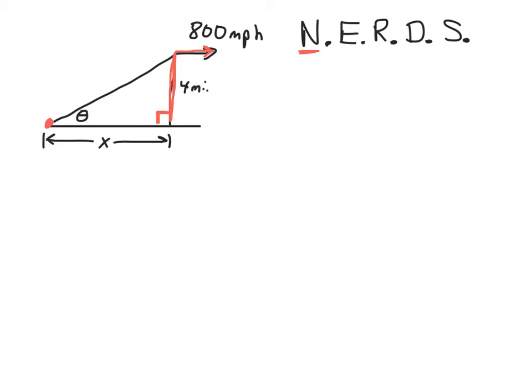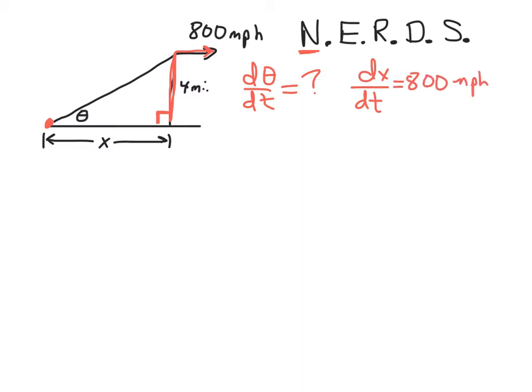So to continue our notation, I like to show that what I'm looking to find, d theta over dt, I just say that's going to equal question mark, because I don't know that yet, and that's what I'm looking to find. But I do know dx over dt, the rate that the airplane is going, will be 800 miles per hour.